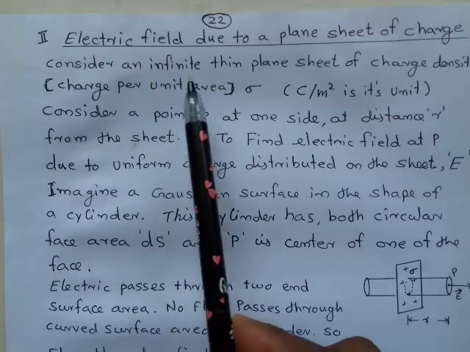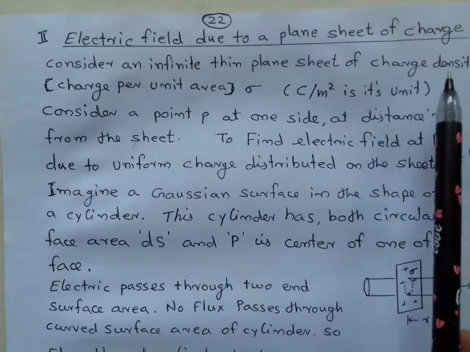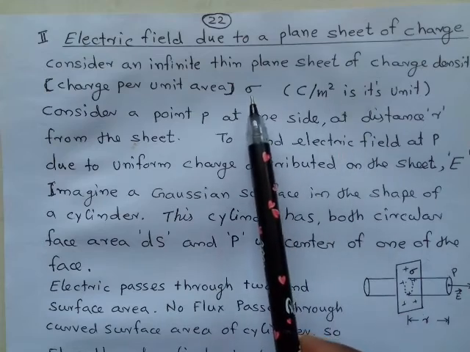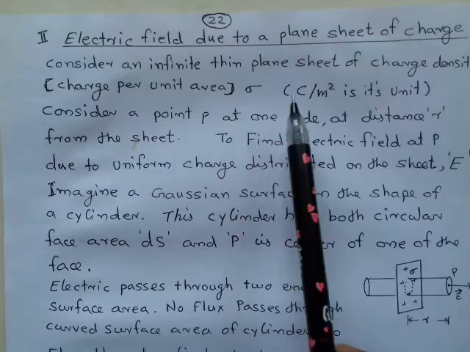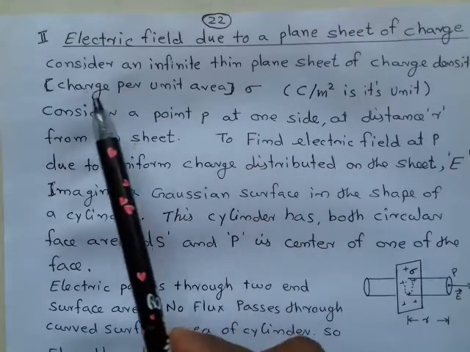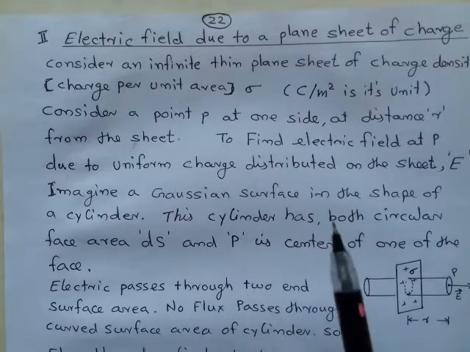Consider an infinite thin plane sheet of charge density sigma, and the unit of charge density, here it is charge per unit area, it is coulomb per meter square.